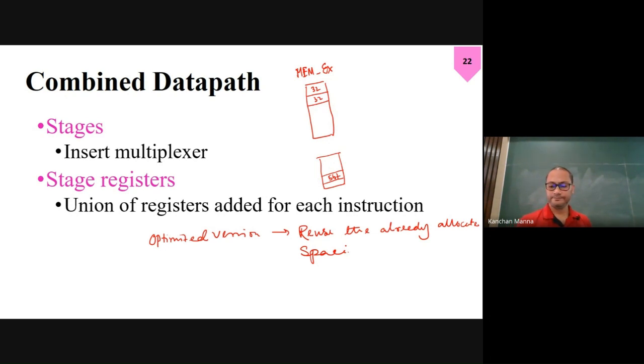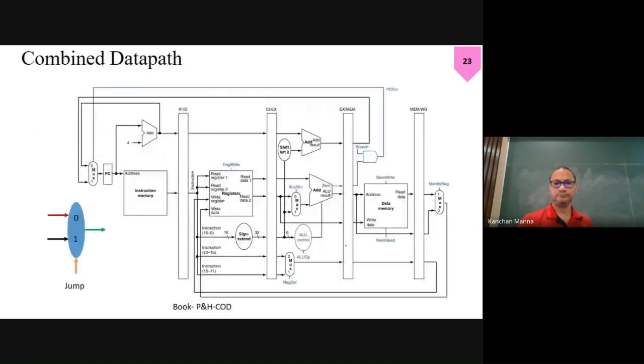Now let's say this is the combined data path. Here in this data path, we don't have the jump instruction. Now if we want to have the jump instruction in this data path, what do we have to do?